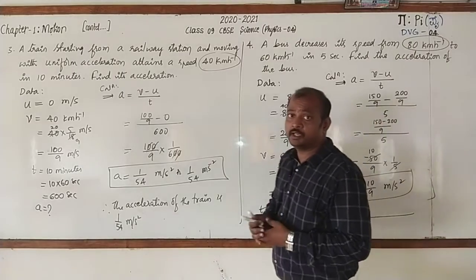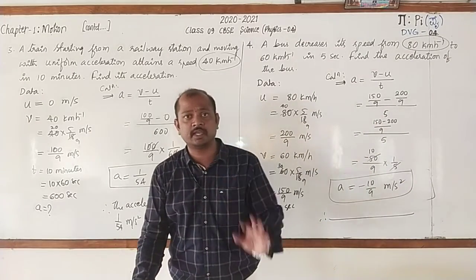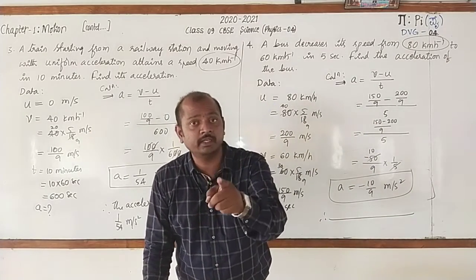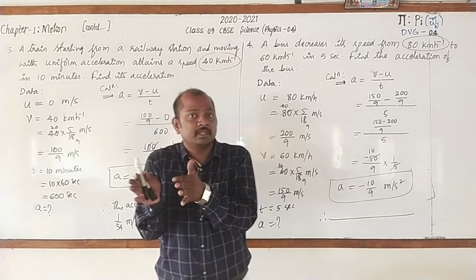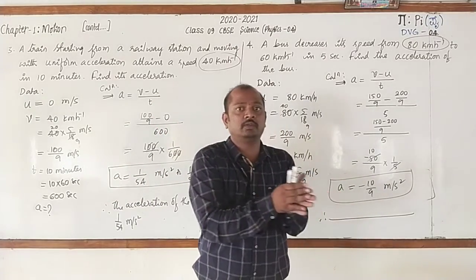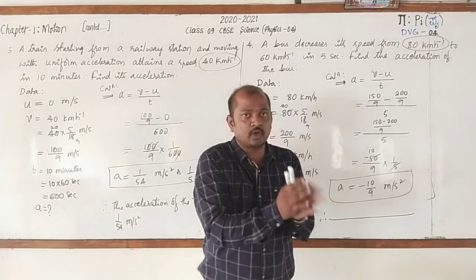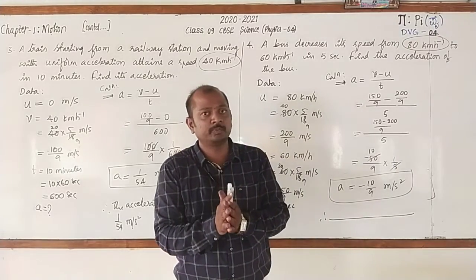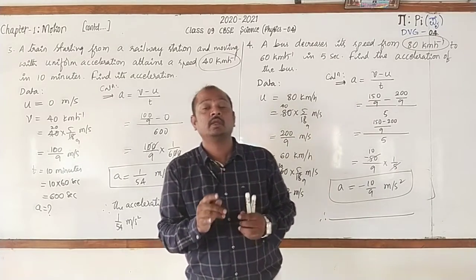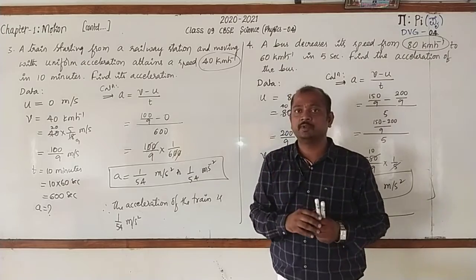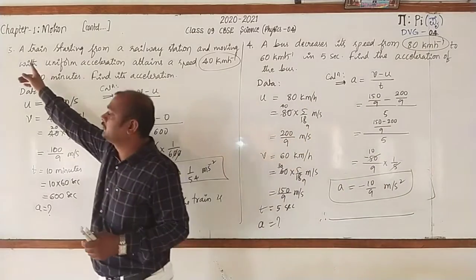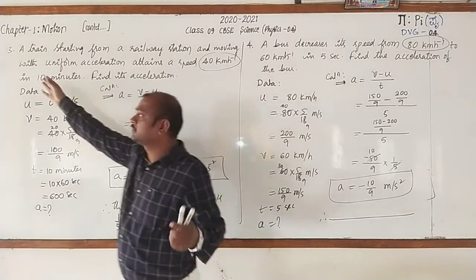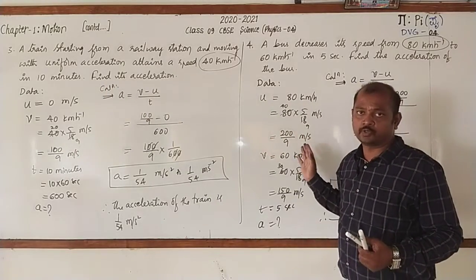Actually 10 by 9 meter per second square, that is the acceleration. Negative sign indicates the bus is coming to a halt or coming to stop. I hope that you have understood this. Now you have to pause the video and please copy from here to there. That is third question as well as fourth one.